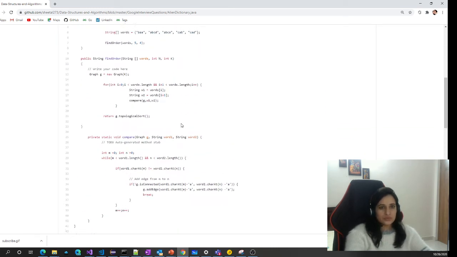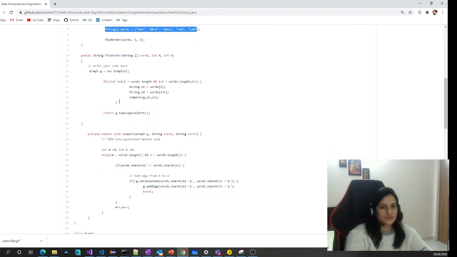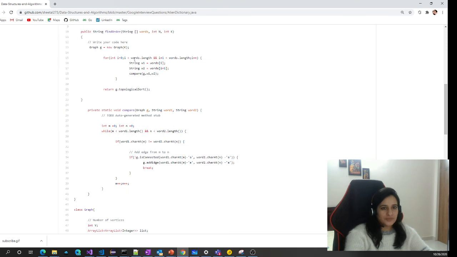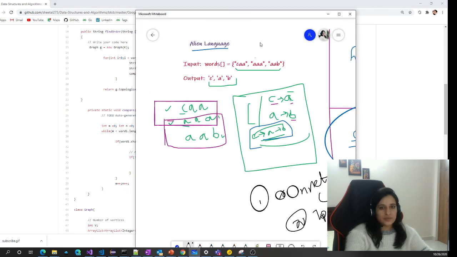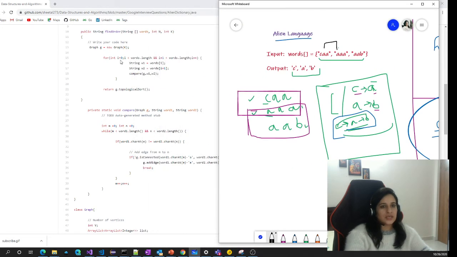The input we are given is a set of words, and first we have to figure out the order of the characters. As we were doing manually, we pick two words at a time. That's what this method is doing: it picks the ith word and the i plus 1th word and compares both by calling a compare method.